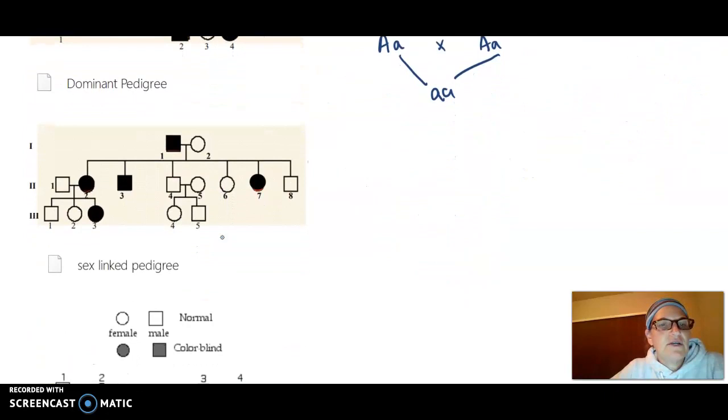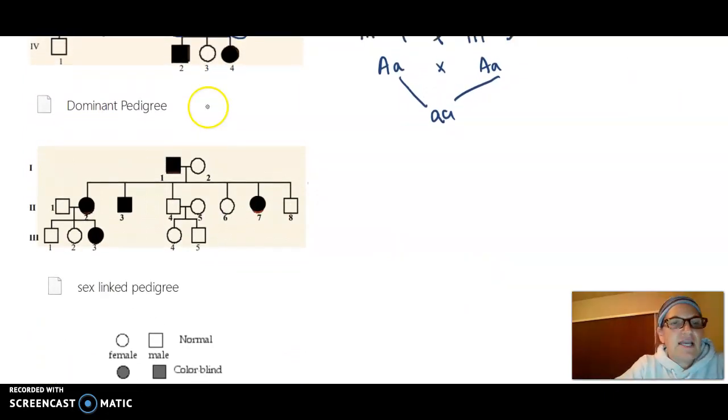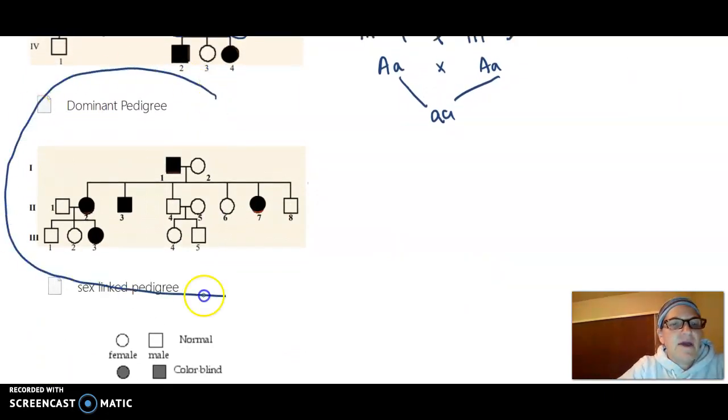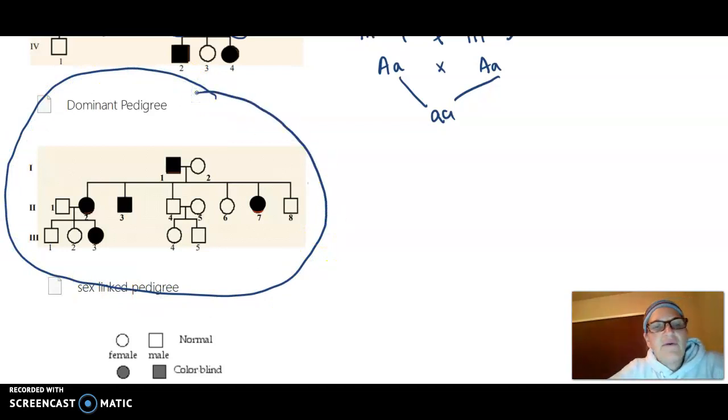The next one here is dominant. If we take a look at this dominant pattern of inheritance, how do I know it's dominant? Well, the first key thing that I see is that there are affected individuals in every generation.